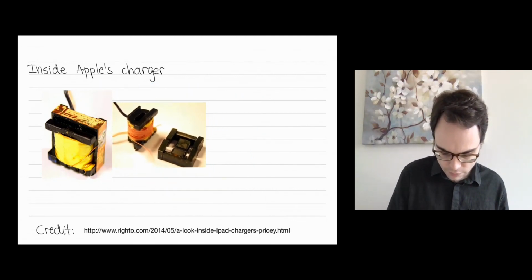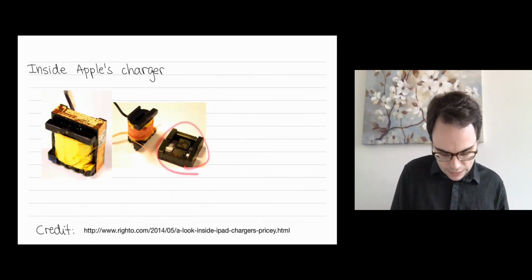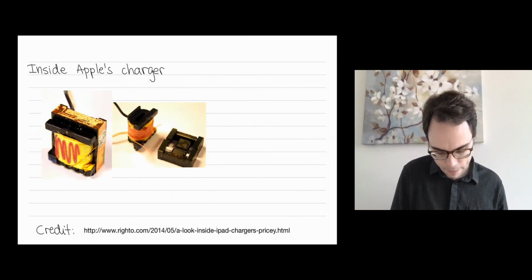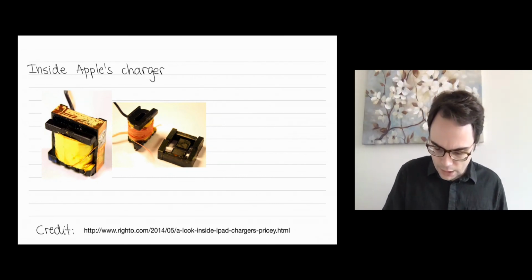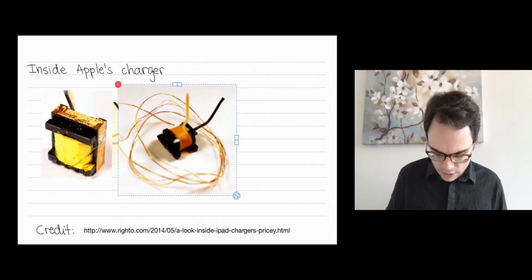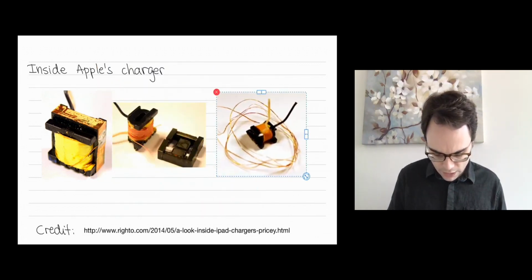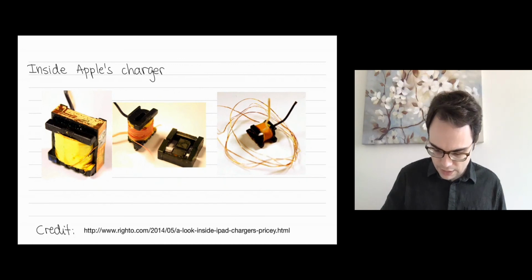There's a piece of iron here, and then there is more tape. If you unwrap that, you see a bunch of copper wire that goes around it. And if you take that wire off, and then take more tape off, you'll find the secondary wire.